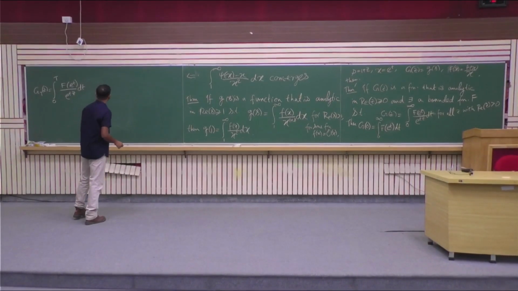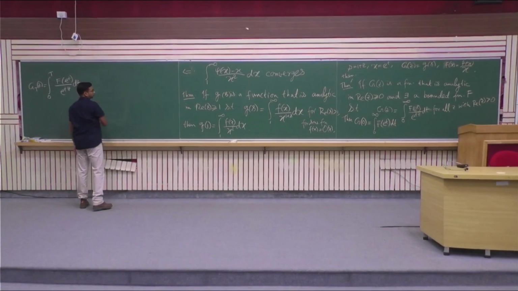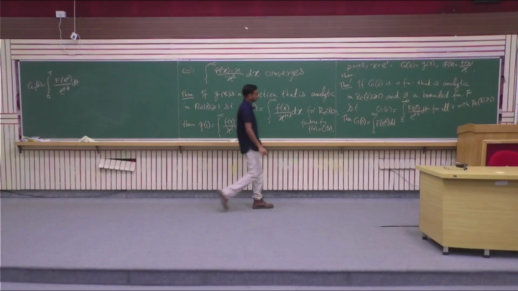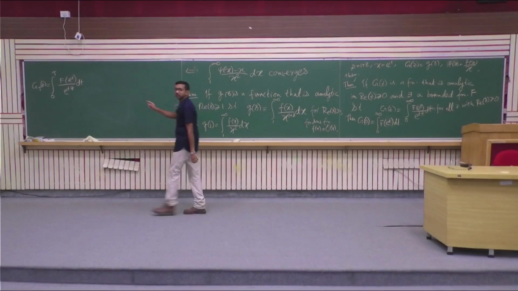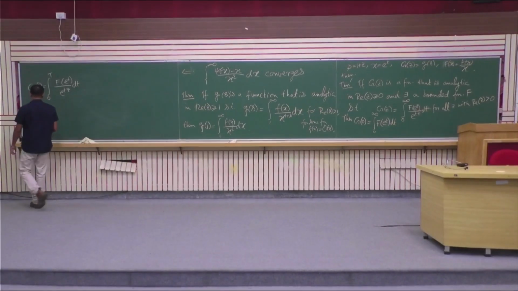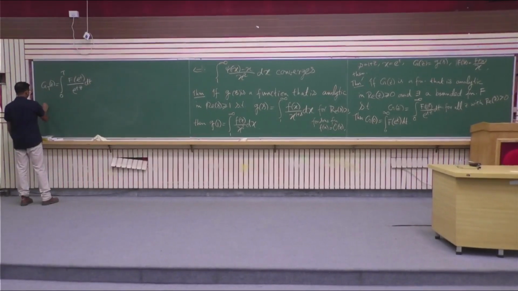Now this boils down to showing that G of 0 is the limit of G_T of 0 as T goes to infinity.